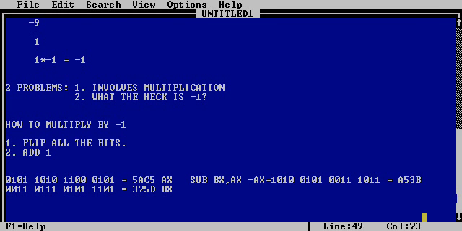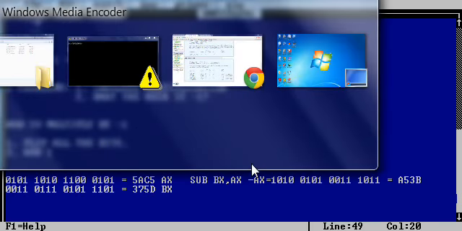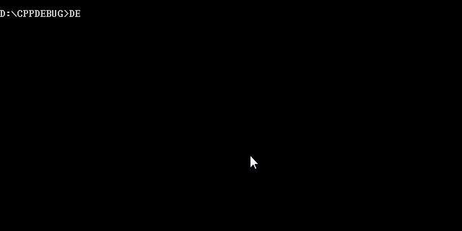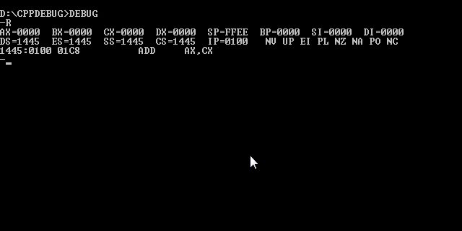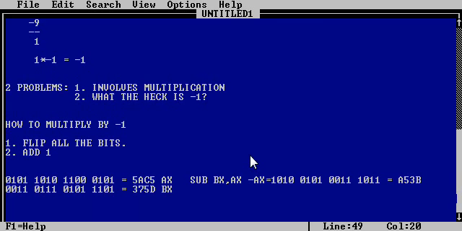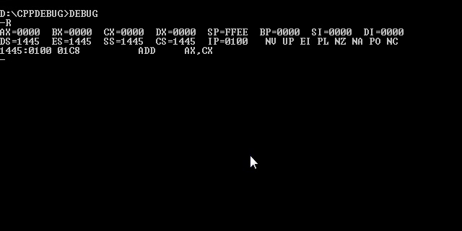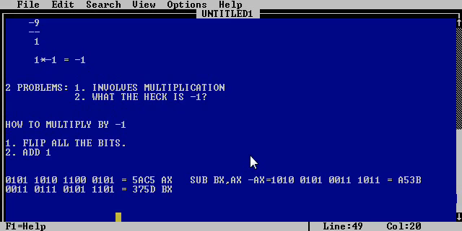Okay? So BX minus AX, and now I have to go back to our computer. BX is 375D, and AX is 5AC5.